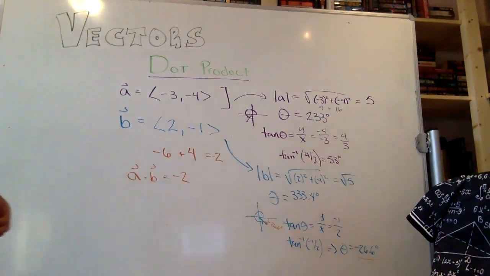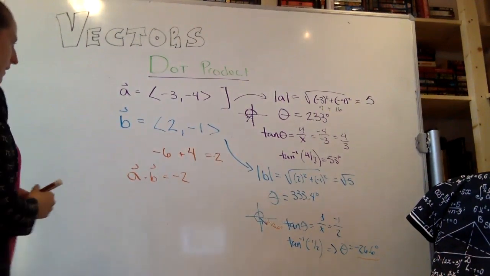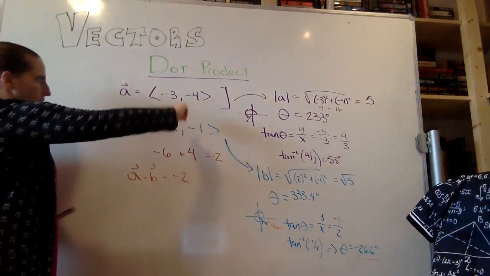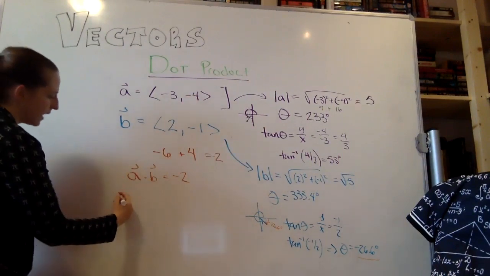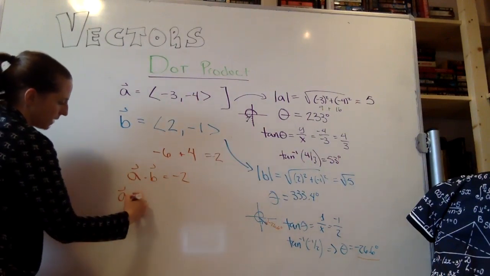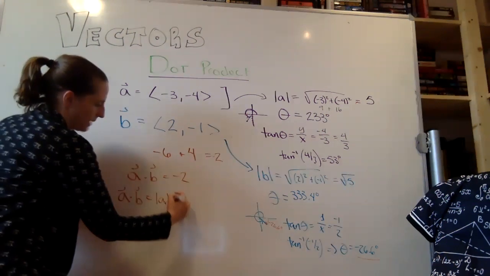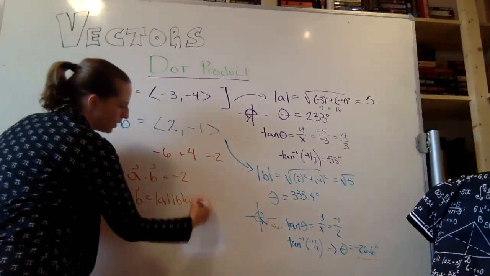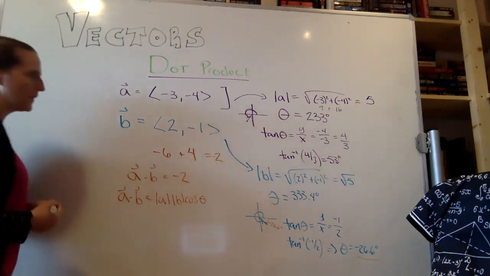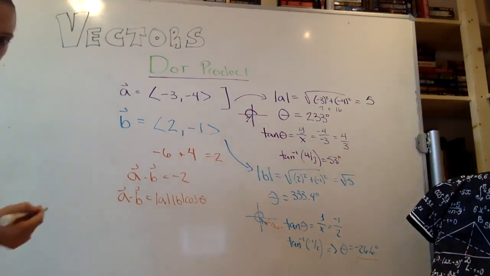So now, remember the other way we can think of the dot product, right? We can do the multiplication of the horizontal, multiplication of the vertical, and add those together. The other way we can think of the dot product, A dot B, is as the magnitude of A times the magnitude of B times the cosine of the angle between them. So here theta is standing for the angle between those two vectors.